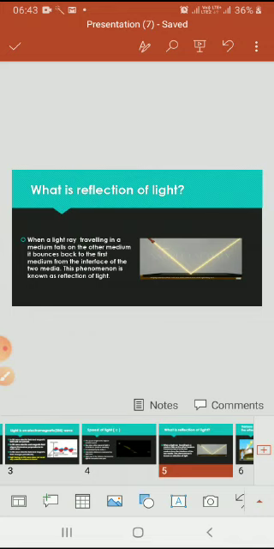Suppose light ray is traveling in air medium and it falls on the mirror, which is a glass medium. From the mirror, which is glass medium, light ray will bounce back to the air medium. That is mainly from the interface of the air and glass medium, light ray will bounce back to the air medium. That is known as reflection of light.